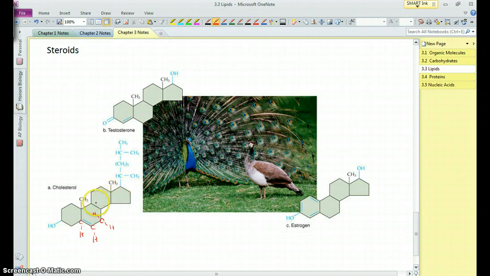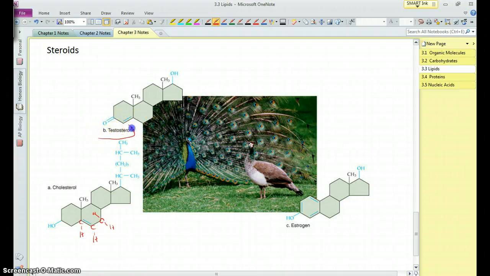You see these steroids all have these 4 carbon rings. That's what they share. But you'll notice that there are things stuck on the side, different functional groups, in different places, which gives these steroids their different properties.